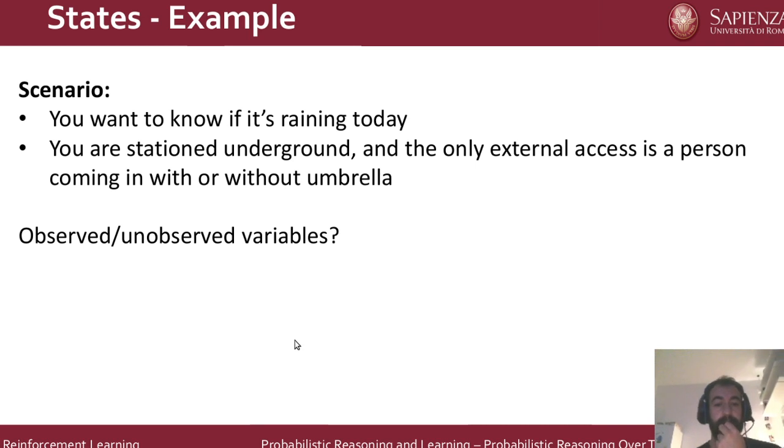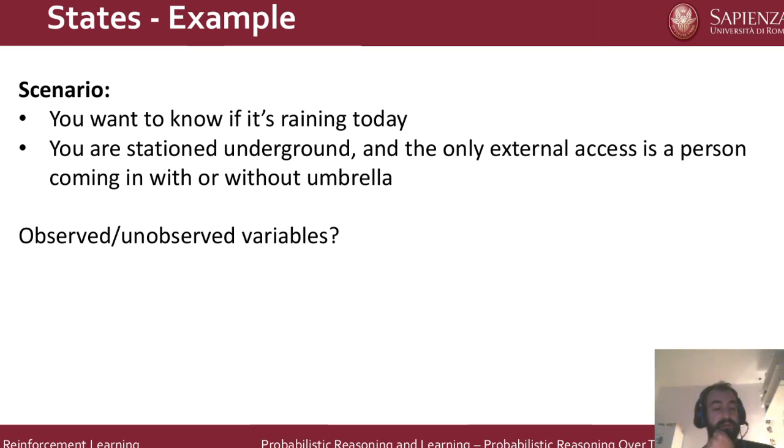Okay, so let's look at one example. Let's say you are wondering whether outside it's raining today or not, but you're stationed underground. So the only thing that you see from the external world is a person that comes in your room with or without an umbrella. So what are here the observed and the unobserved variables?